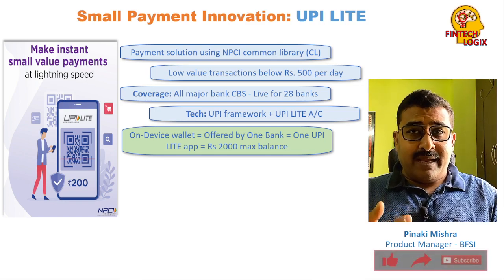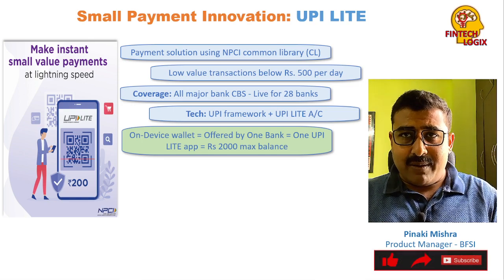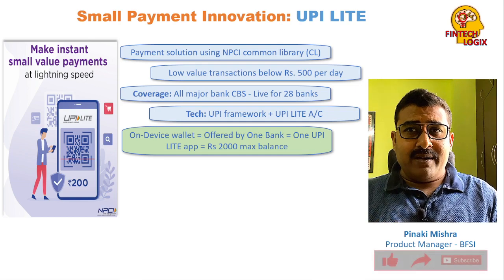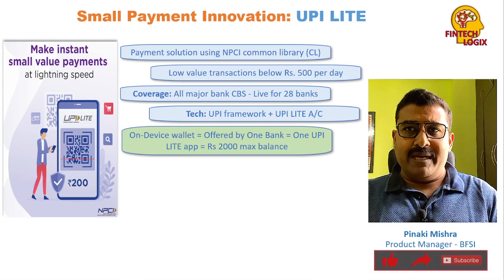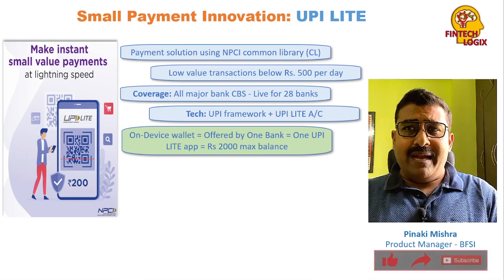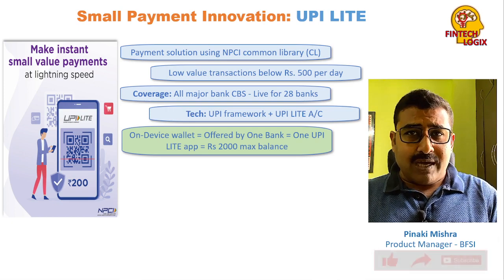We can associate that to one of our bank accounts. We should have one LITE app installed in our smartphone. Normally it comes with your normal UPI apps like Paytm or PhonePe or other UPI apps, and the max balance that can be maintained in that wallet is 2000 rupees.